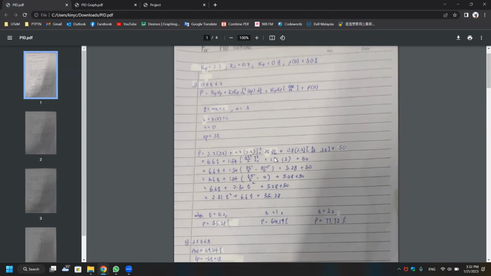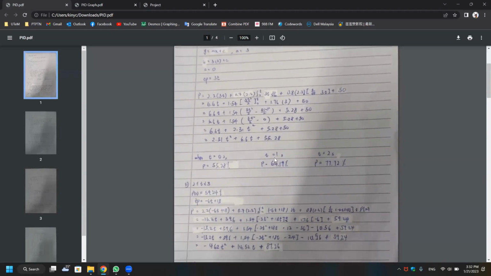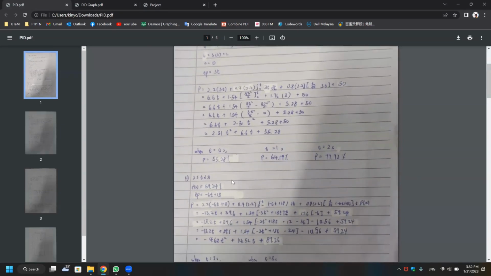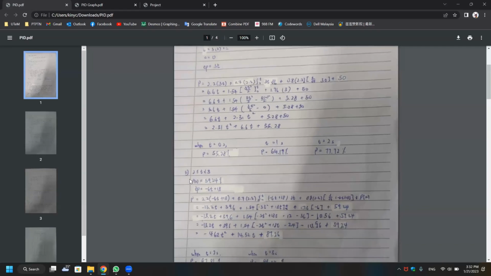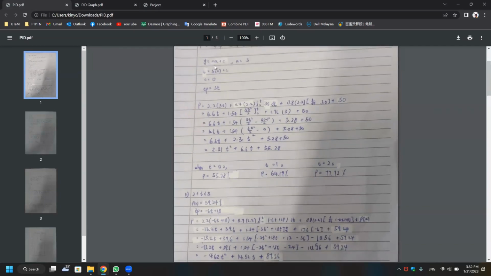Okay, next for P2, I refer back to the PI value done by Adenine. So I refer back to it, and I can get P2 is 59.24, and so on. Okay, for EP I use Y equals MC again to calculate it.